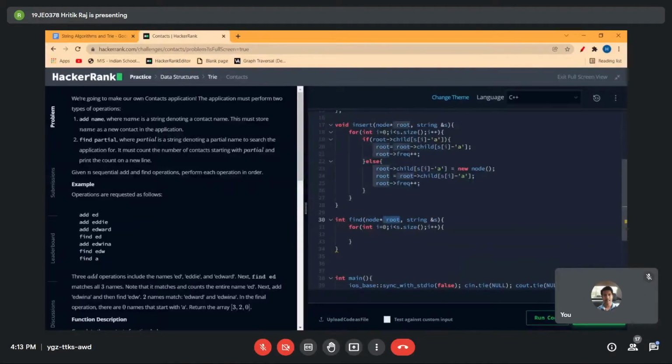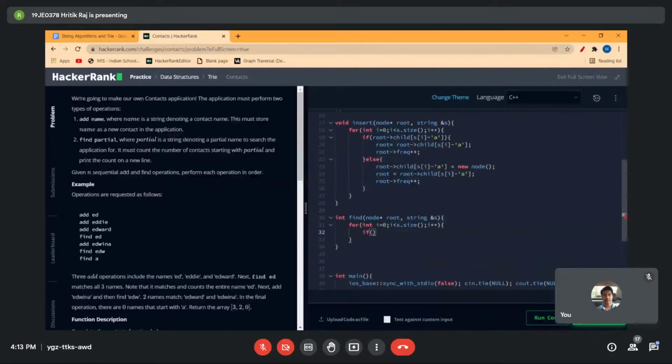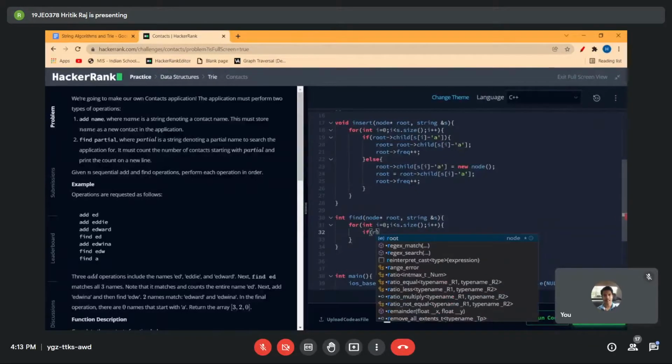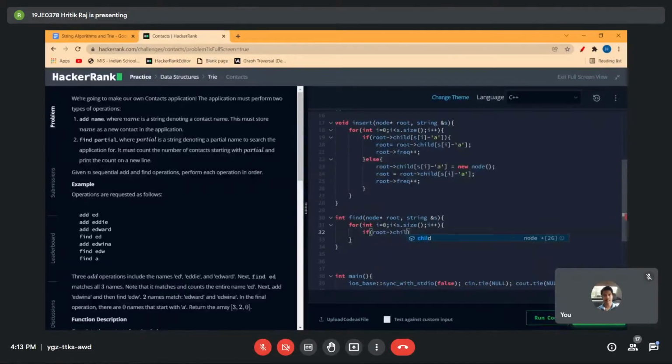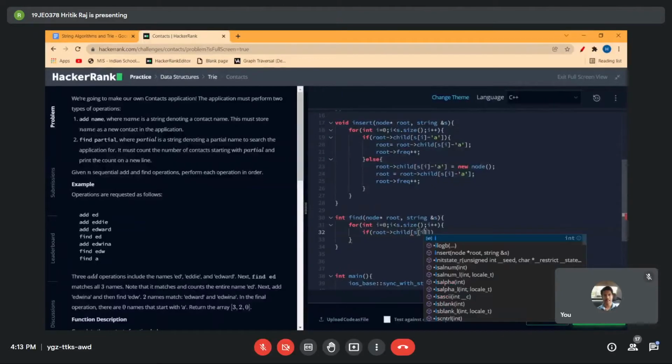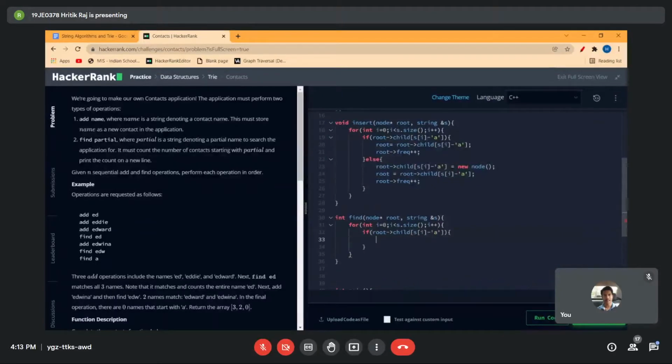Suppose you are at root and you are given the string s. If not present, then return 0. If we simply check whether root child of s of i minus a is not equal to null pointer, then it will return true, and in that case we can simply move to that node because that is present.